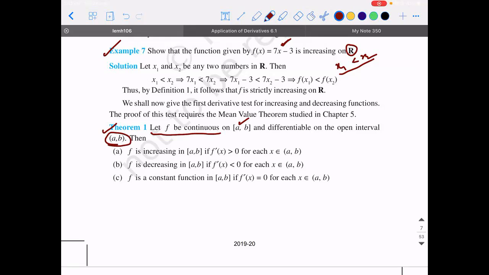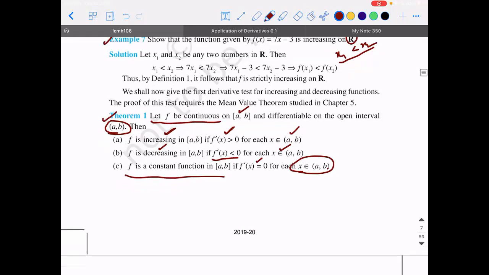Then we can say f is an increasing function if f dash of x is greater than 0 for all values of x that belong to the open interval a to b. Similarly, f is decreasing if f dash of x is less than 0 for all x in a to b. And f is a constant function if f dash of x is equal to 0 for all x in a to b.